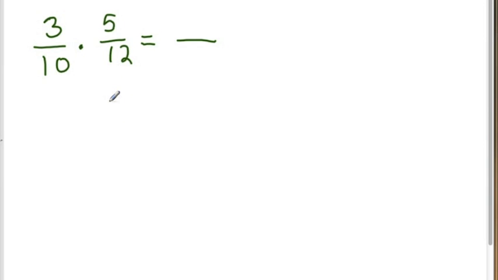So again, if I'm multiplying straight across, 3 times 5 is 15. 10 times 12 is 120. But then, if I'm told to simplify, I have to make these even smaller. So I have to think in my head, well, what are all the common factors between these two that I could figure out and reduce?